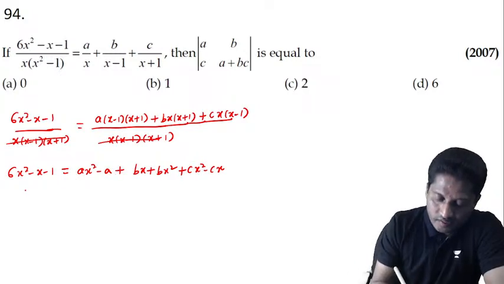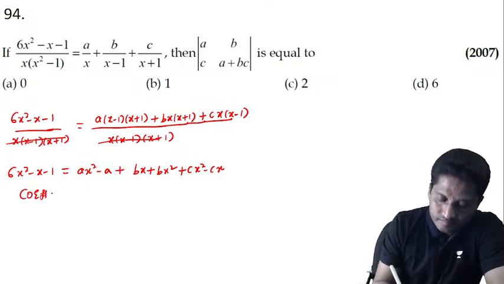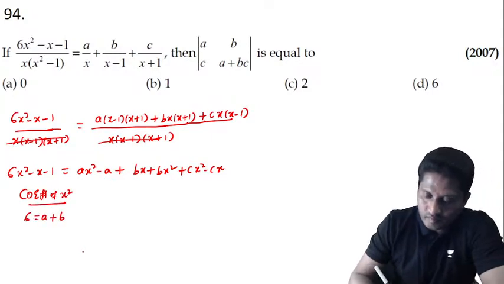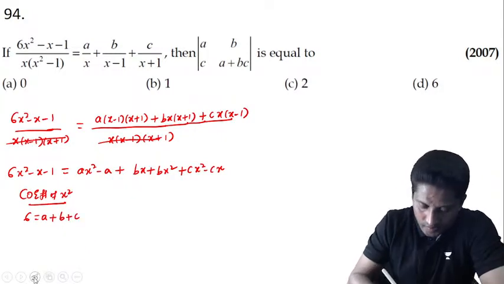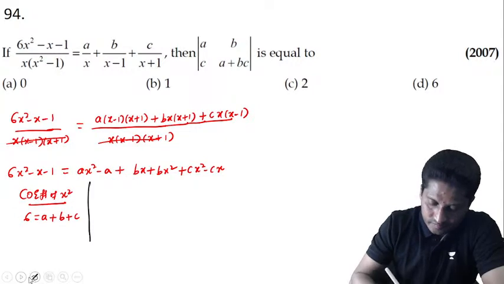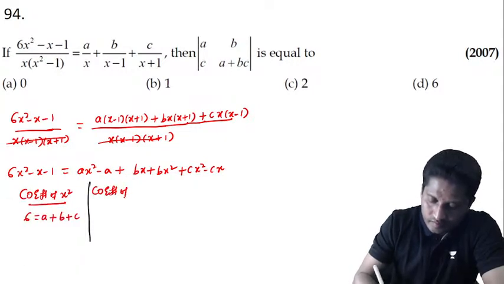Okay, now if I equate the coefficient of x square, you will get 6 is equal to a plus b plus c, right? If I equate the coefficient of x, left side you will get minus 1, right side you will get b minus c.